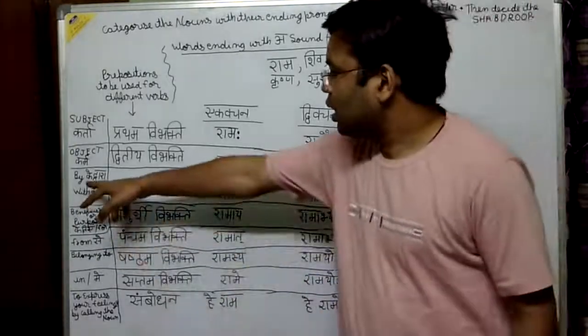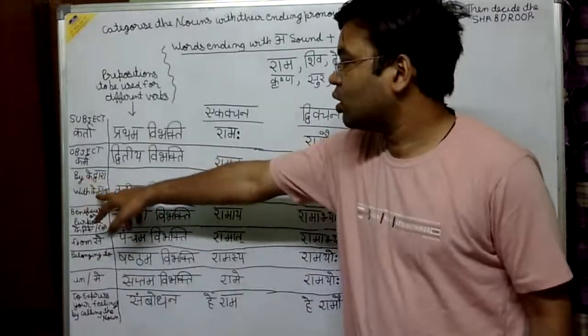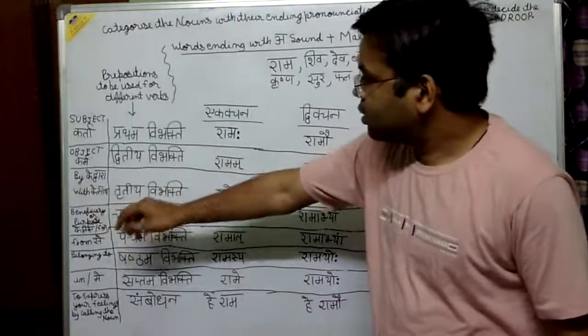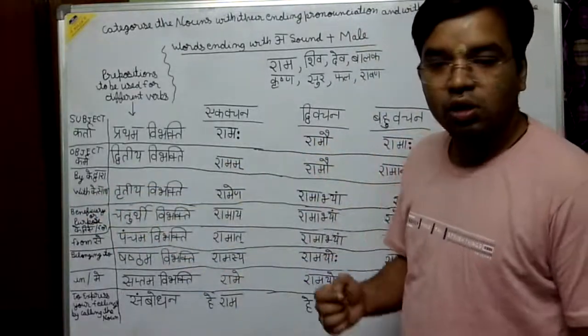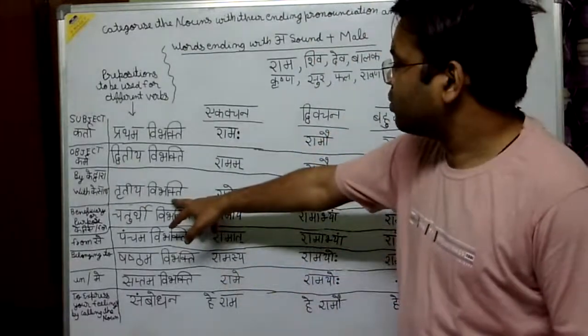So, in sentences which have by or with in them, in order to write such sentences, we use Tritiya Vibhakti.